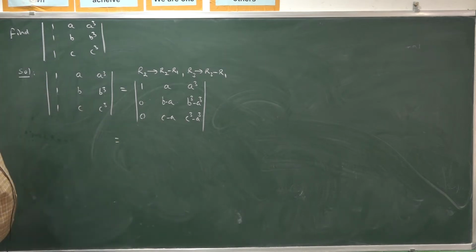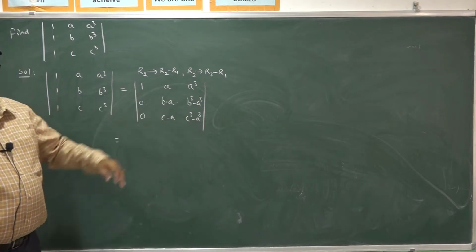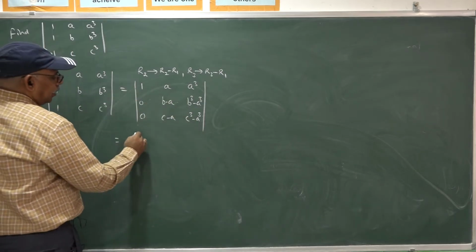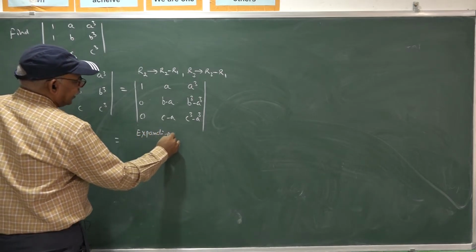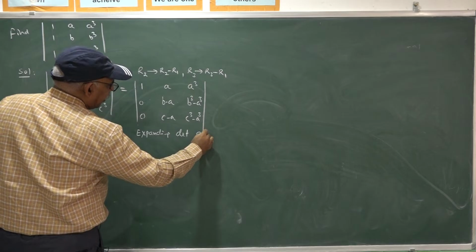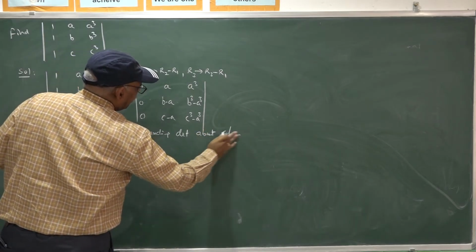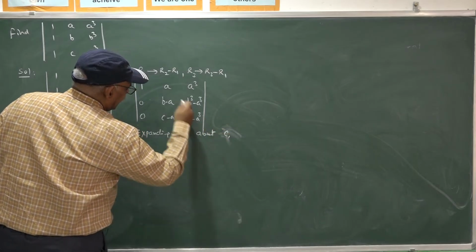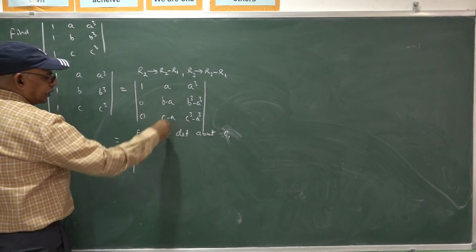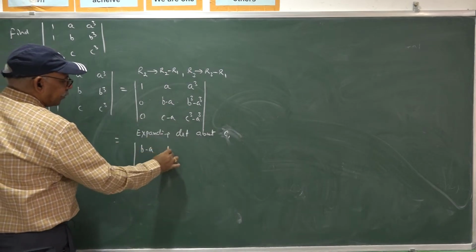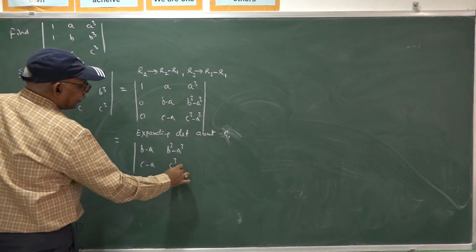Once you evaluate the determinant about the first column, expanding about column 1, we get 1 into this determinant: B minus A, B cube minus A cube, C minus A, C cube minus A cube.